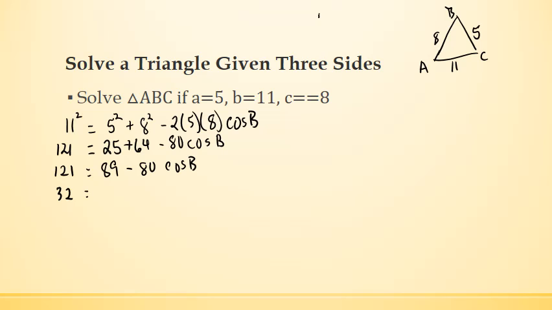So now we have 32 equals negative 80 cosine B. We're going to divide both sides of this equation by negative 80, and so we come down here to negative 32 over 80 equals cosine of B. What we want to do is find the inverse to get the angle measure.